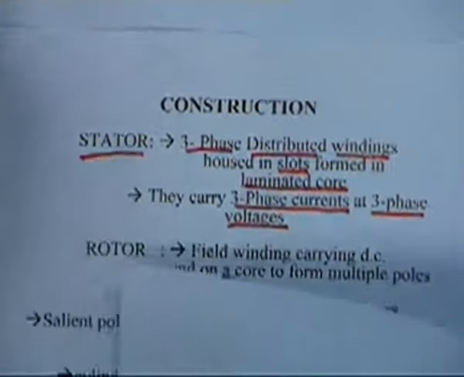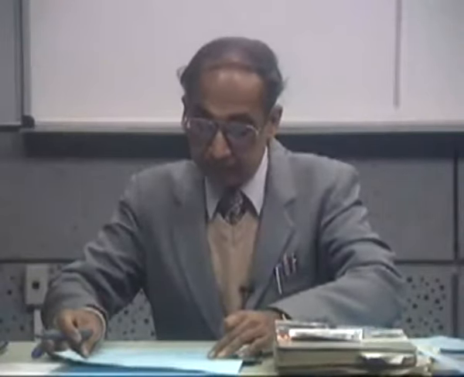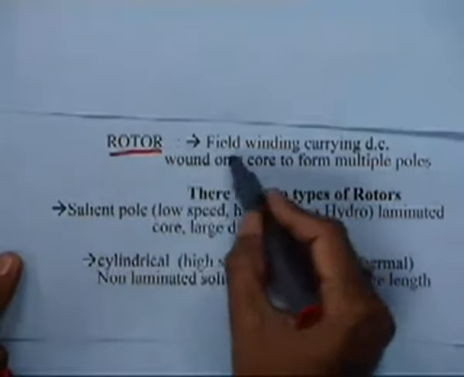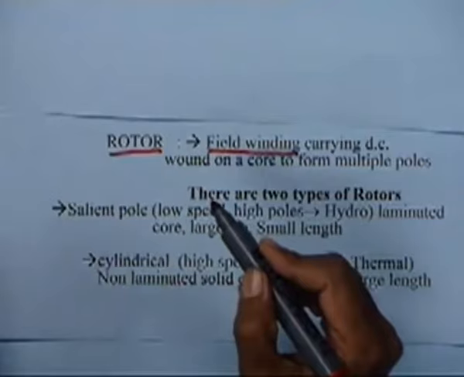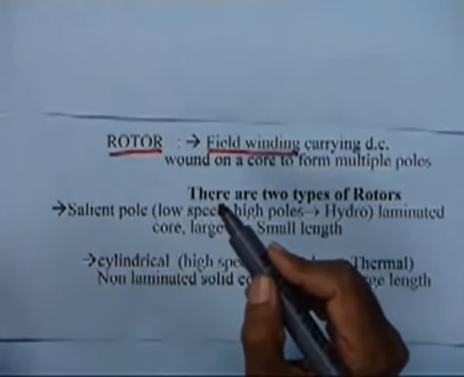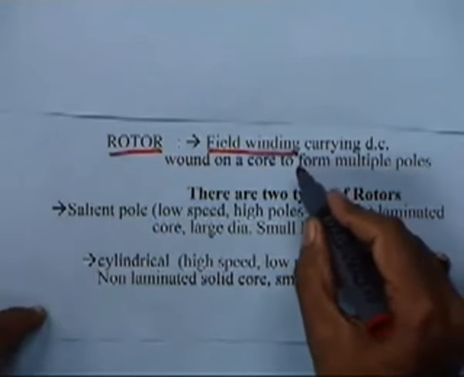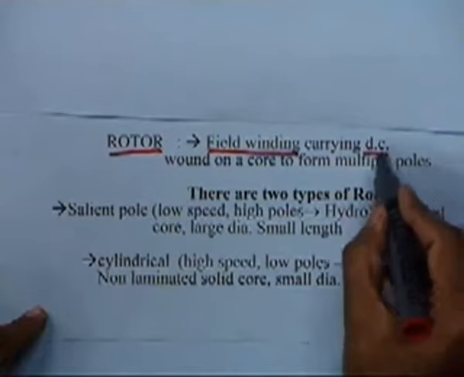And the rotor, on the other hand, has field windings, because the very purpose of the rotor is to produce the magnetic field. That's why they are called field windings. These are electromagnets, meaning that they have windings carrying DC.